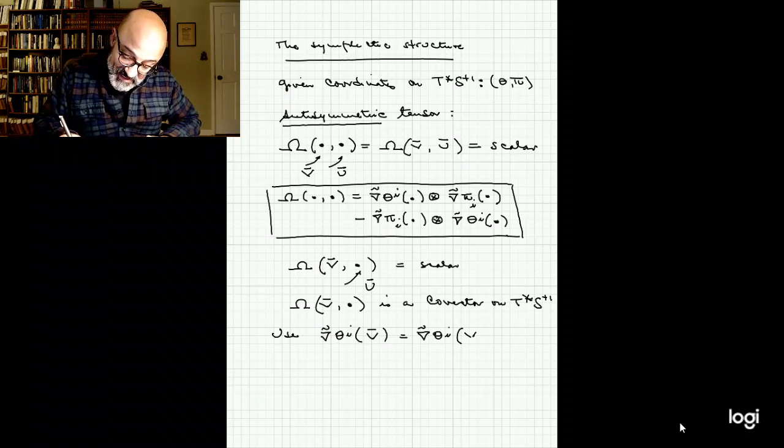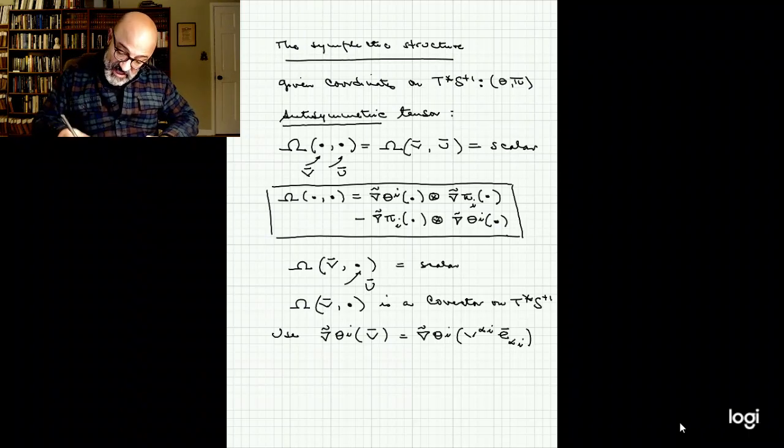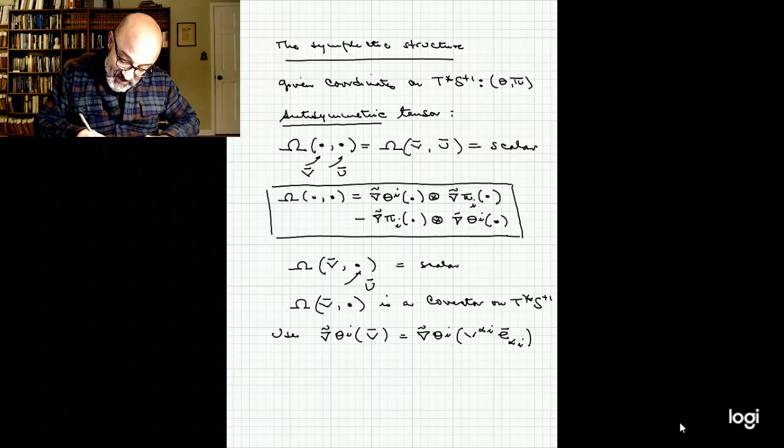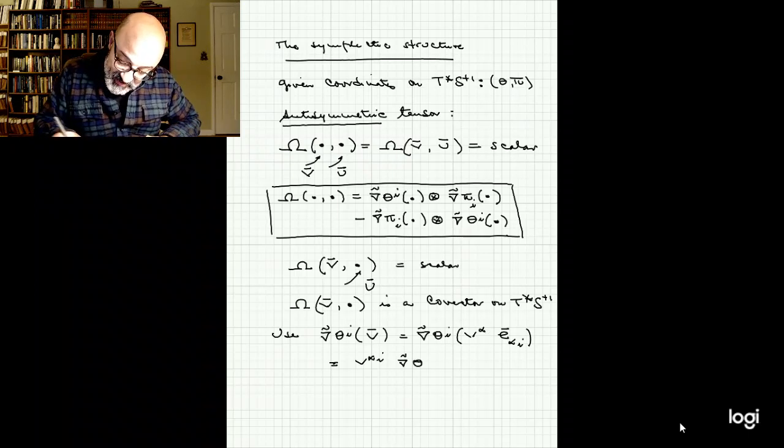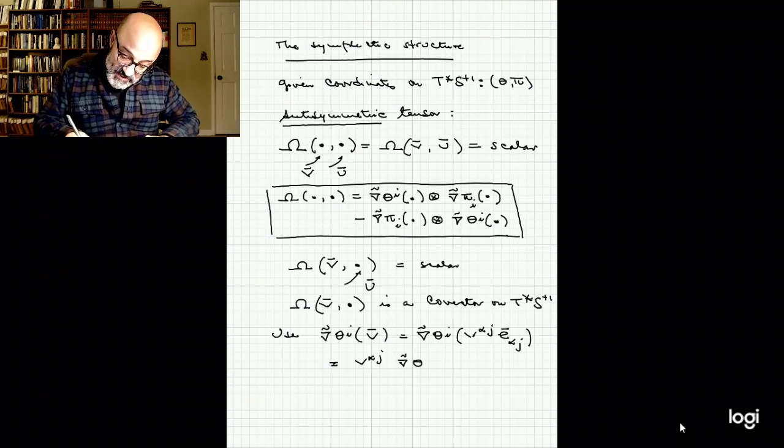We want to write it as v^alpha I times the basis vector alpha I. And this being linear, we want to pull this v alpha I out, and then we have the action of this. Here we should have a different label, j, and this is theta I acting on the vector alpha j.